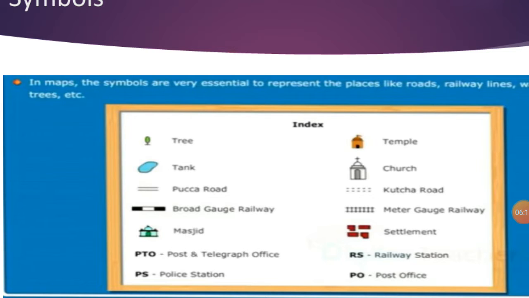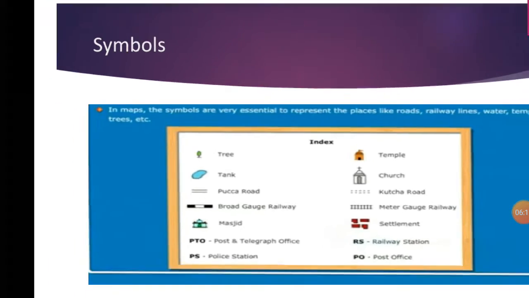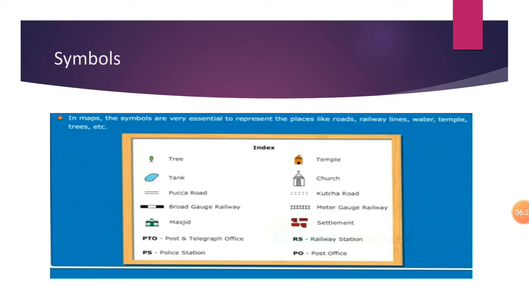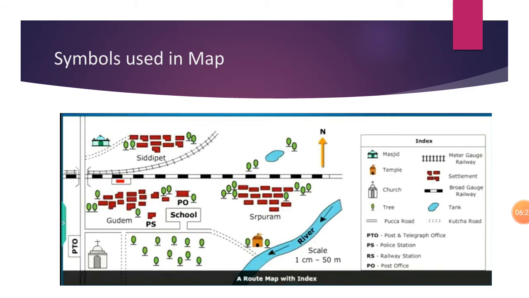We all know that maps are too small for us to draw pictures of the required things shown on them. For example, we cannot draw the real temple or a house, it needs more space on the map. So, with the help of the symbols, we can show the required things on a map.